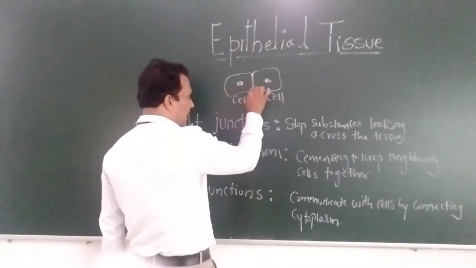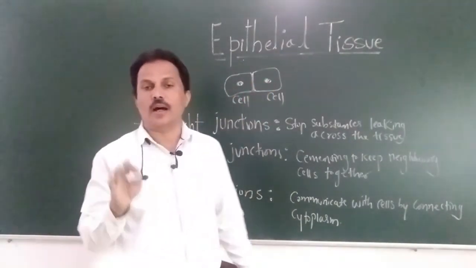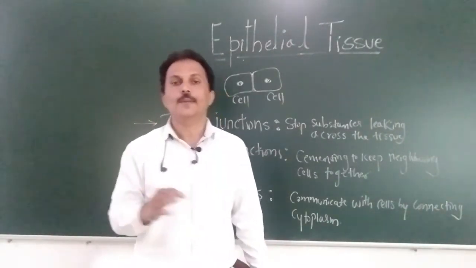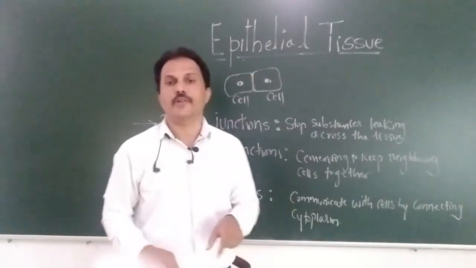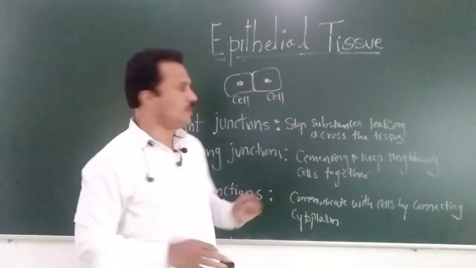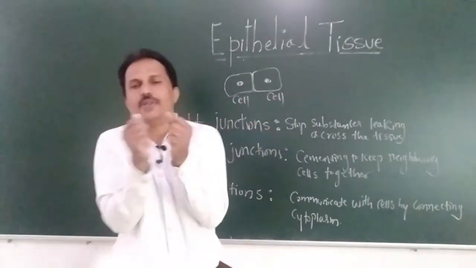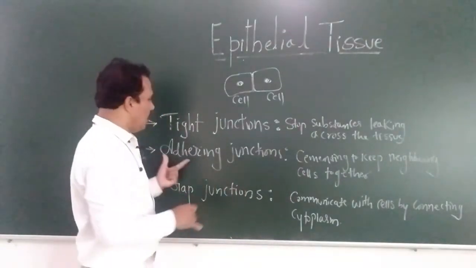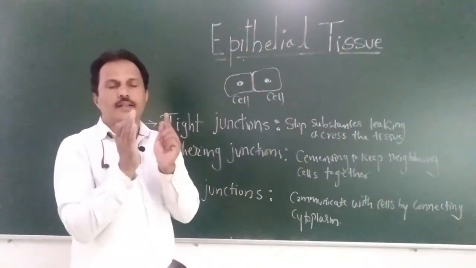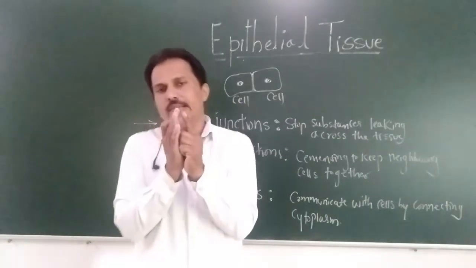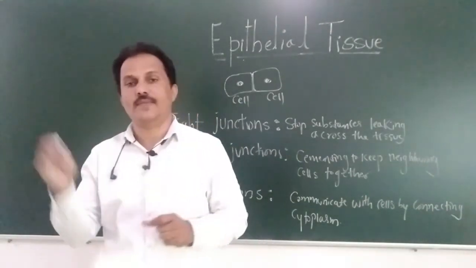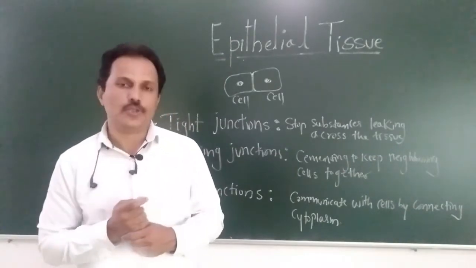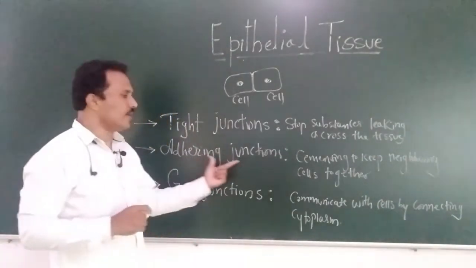No doubt this gap also does not allow things to pass freely. The substances from one cell to another will not pass on. But this is not a tight junction. It is an adhering junction. A little bit of gap is there, but very little. That gap is filled with matrix or cementing substance. This is known as an adhering junction.